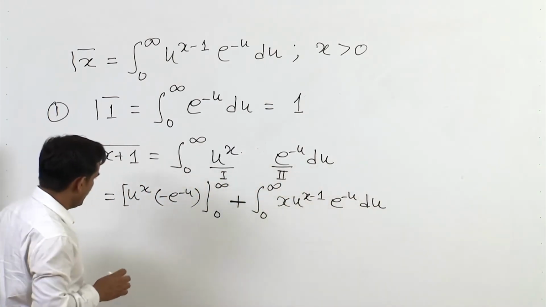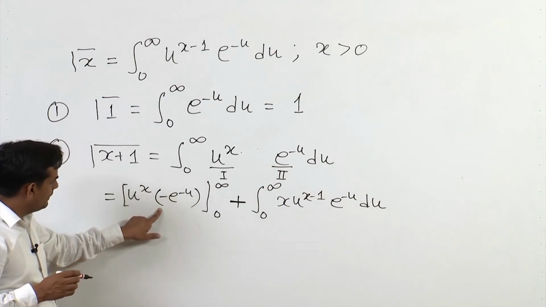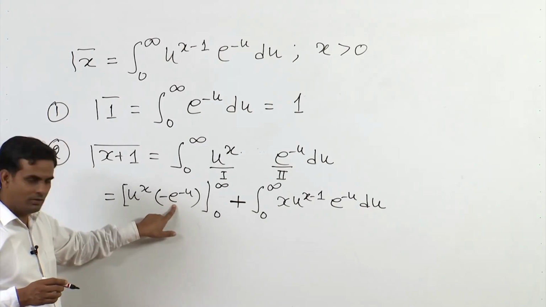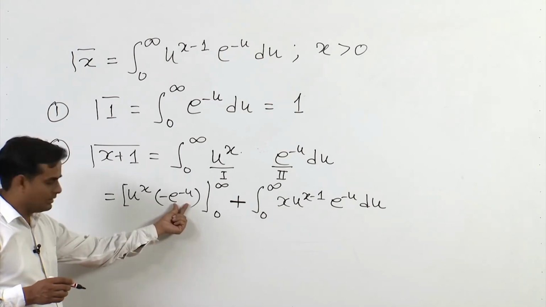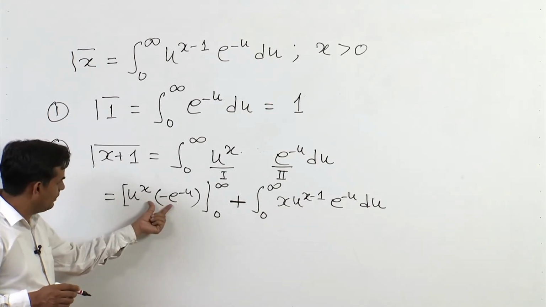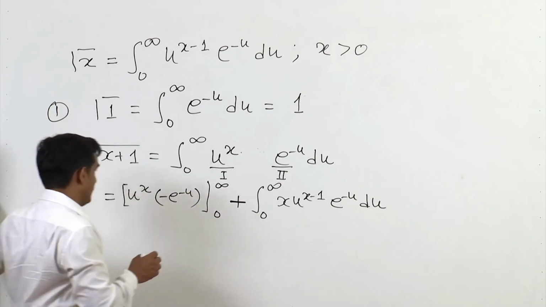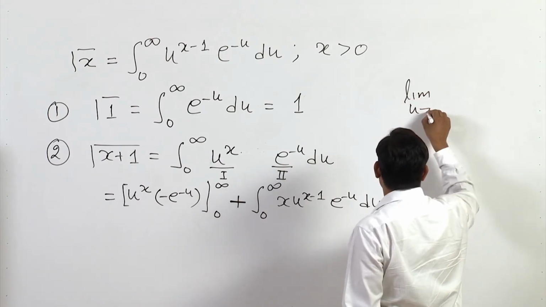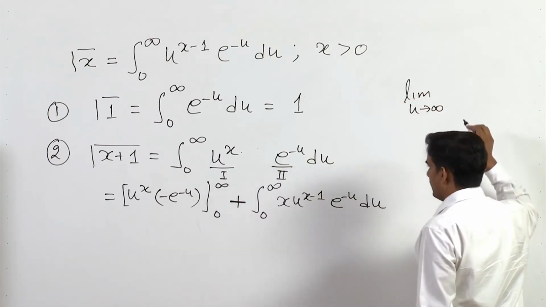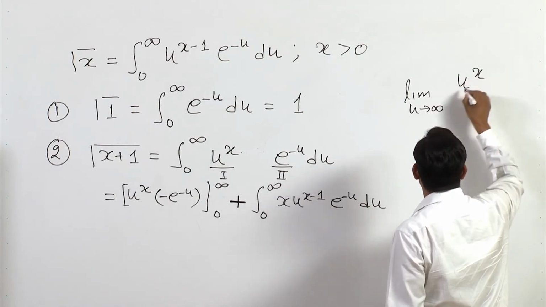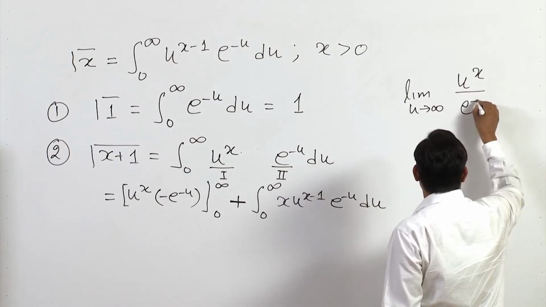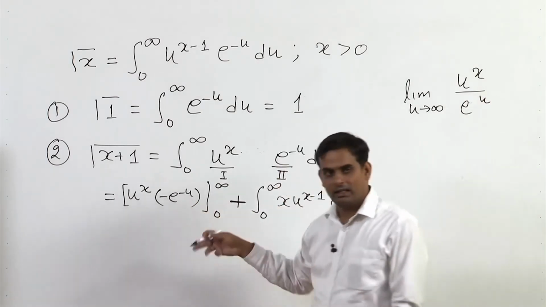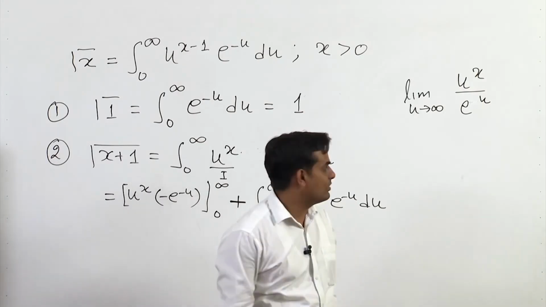Now just see this term. When u is 0, this term becomes 0, because one factor is 0. When u is infinity, it is the limit as u tends to infinity of u raised to power x upon e raised to power u, since I can take the minus u exponent down.